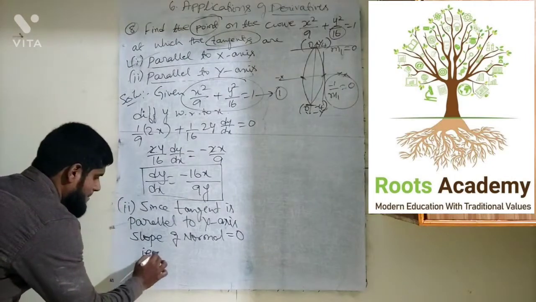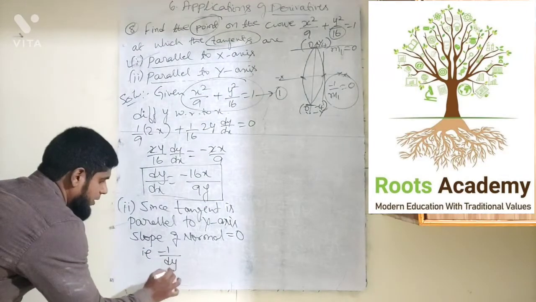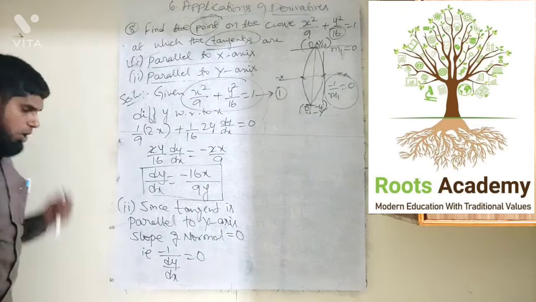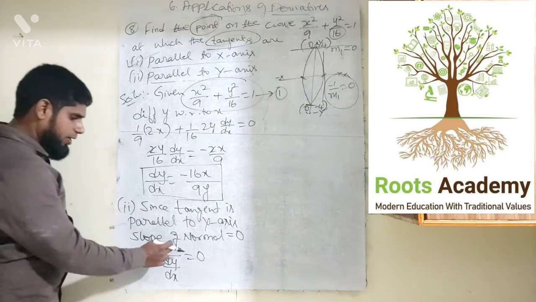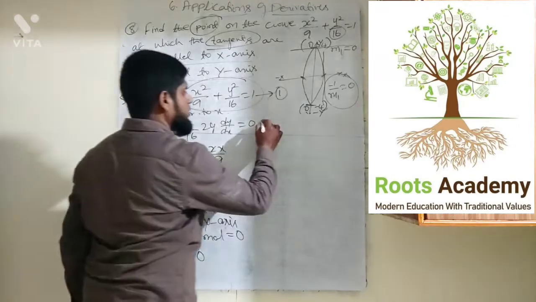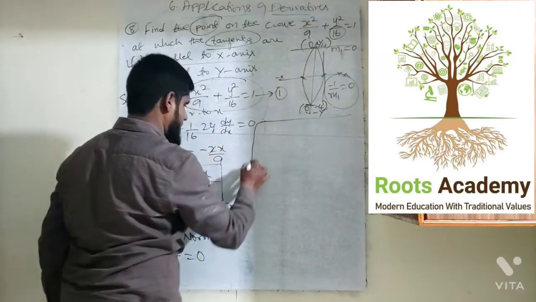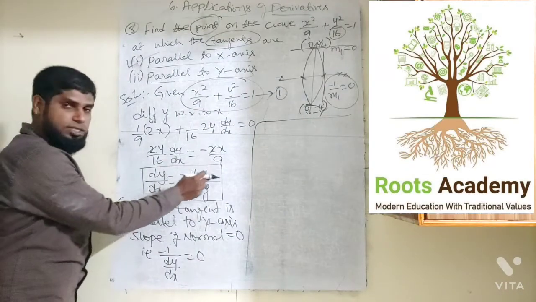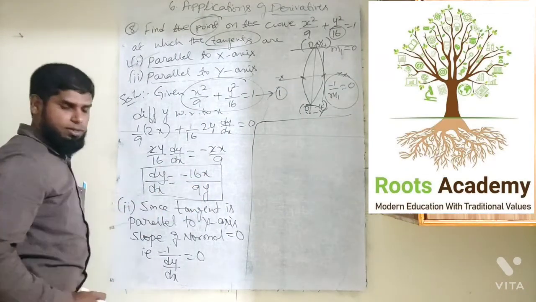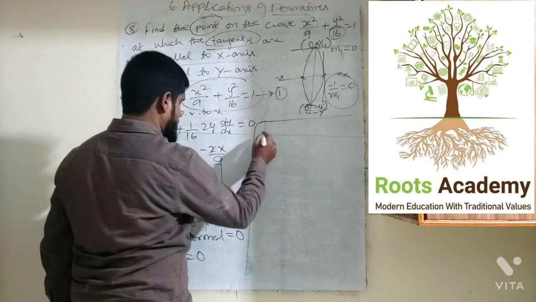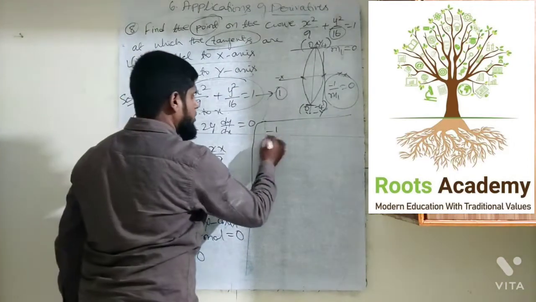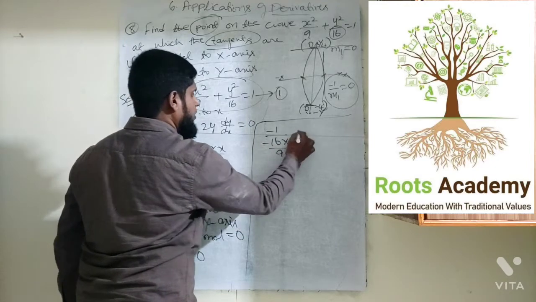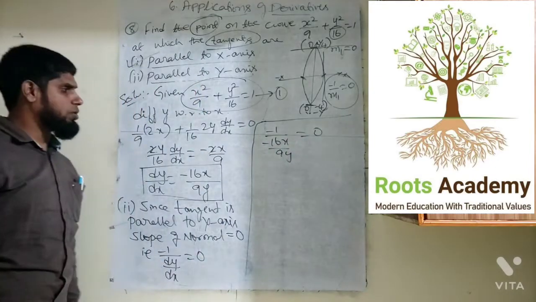That is minus 1 divided by dy by dx is equal to 0. Write it here. My dy by dx is minus 16x divided by 9y. So this becomes minus 1 divided by minus 16x divided by 9y is equal to 0.